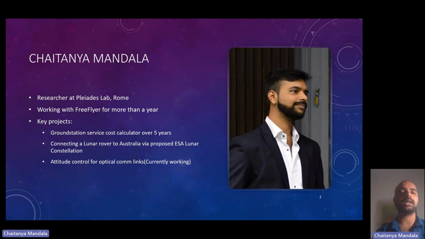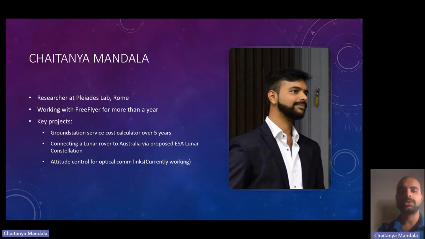Some of the key projects that I've done are using the FreeFlyer software to calculate the ground station service cost over 1 month, 2 months, 3 months, a few years, about 5 years. So how much would ground station service like AWS or Leaf Space might cost the satellite companies over a period of time?